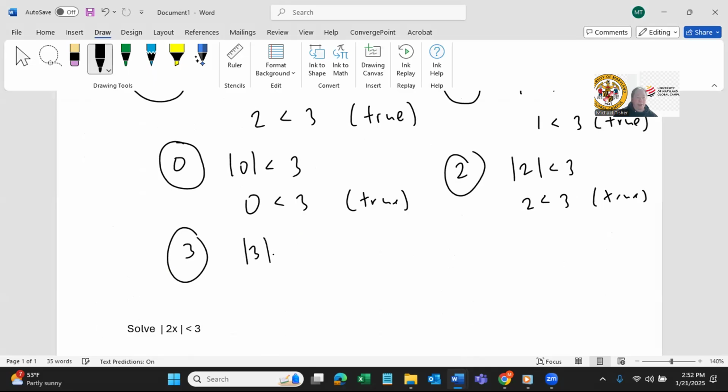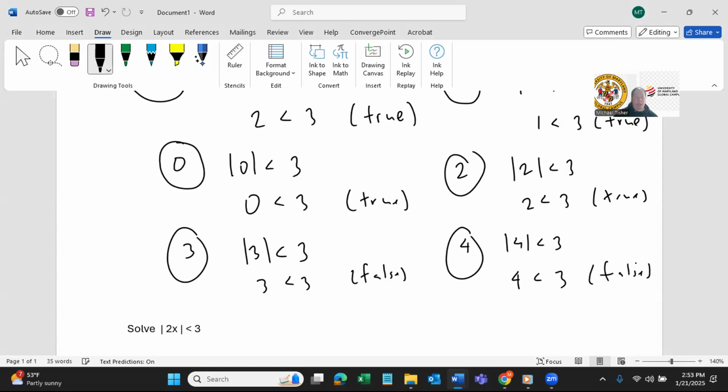The absolute value of 3 is 3. And is 3 less than 3? Well, that's false. And 4, the absolute value of 4 is 4, less than 3. Well, that's false also. So it looks like beginning at 3, it's not going to work anymore.